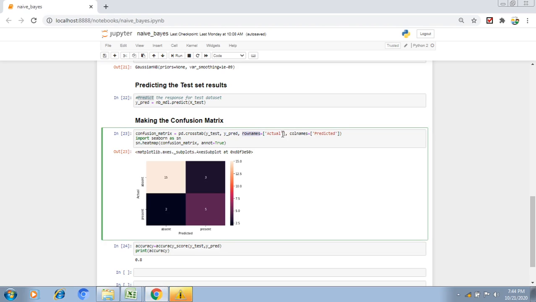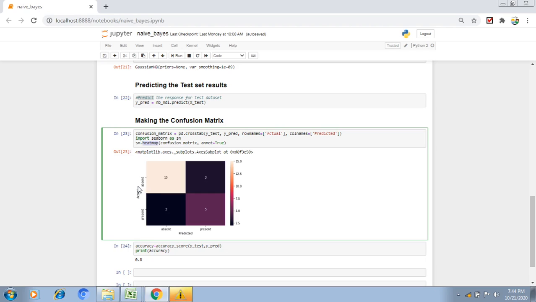Here the rows are my actual data and the columns are my prediction data. I'm using the seaborn package for the heat map, passing my confusion matrix to display it in graph format.